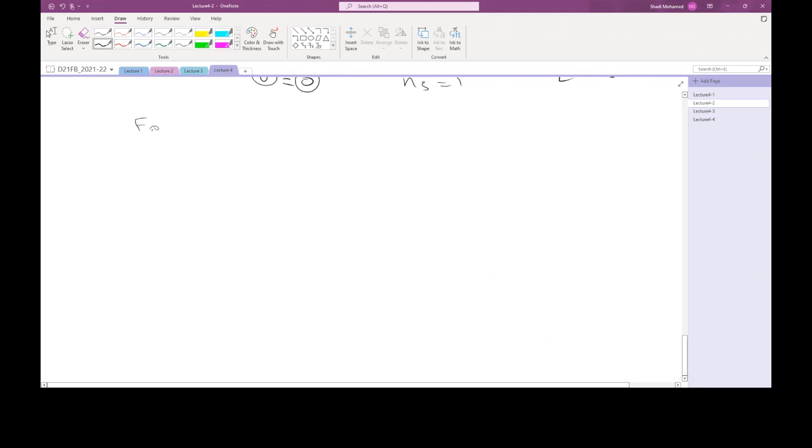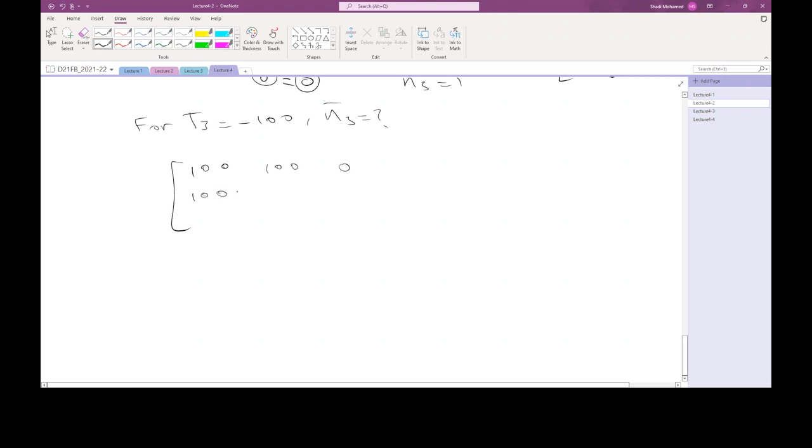Now for T3, which is minus 100, what is N3? All right, so I again repeat the same thing. Minus 100, I have minus lambda there, so it's going to be plus 100. I have 100 there and 0.